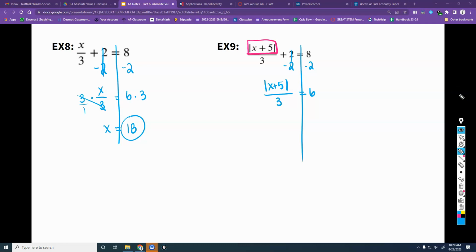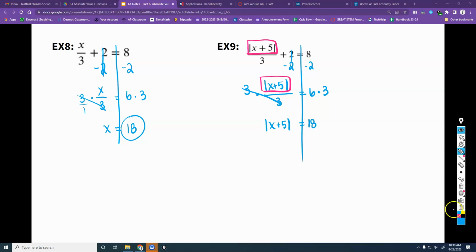And then, again, I've got the stuff inside of this absolute value bar. The 3's not in there. So I need to get rid of it before I start thinking about positives and negatives. So I would need to multiply both sides by 3. So that would be absolute value of x plus 5 equals 18.